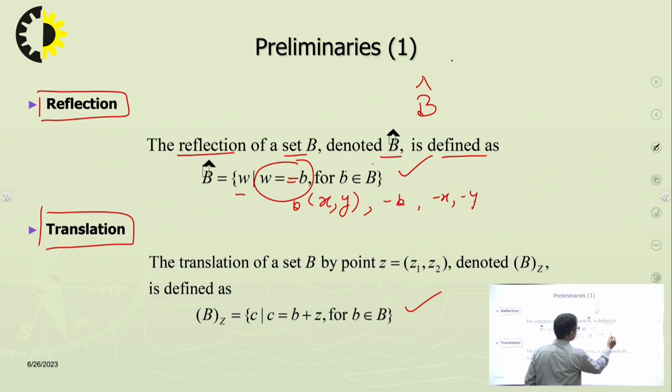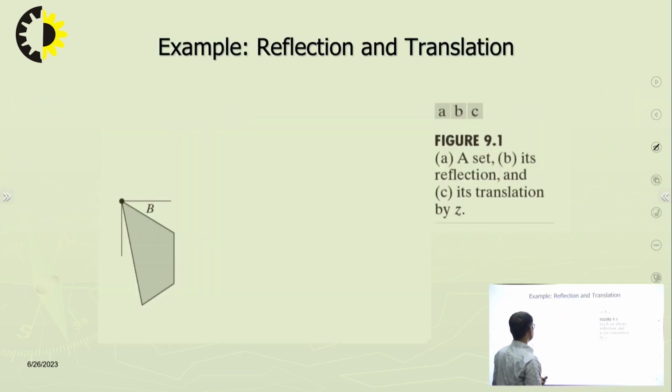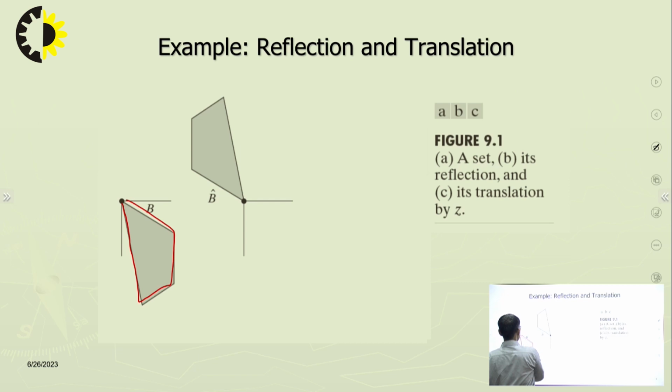and minus y. This can be easily seen in this example, like this is a set B. Any point here, for example b, will certainly have some value x comma y. What will happen if we change the value of x and y to the negative?